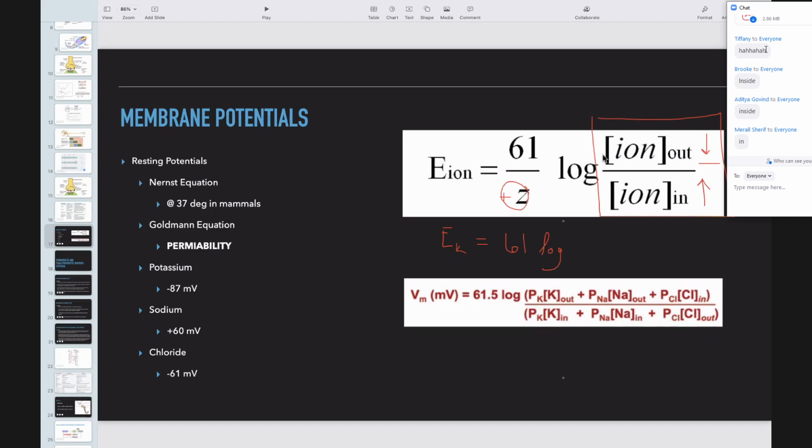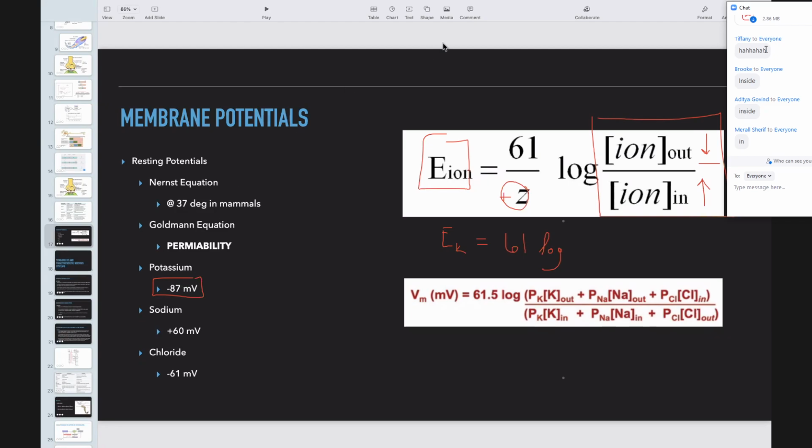The log of a number less than 1 will be a negative value. So that's going to turn the resting potential of potassium into a negative value. At 37 degrees Celsius in mammals, the actual values of the concentrations will come out to 87 when you plug it into a calculator, which again, you don't need to do. But conceptually, that's why the resting potential of potassium is negative.